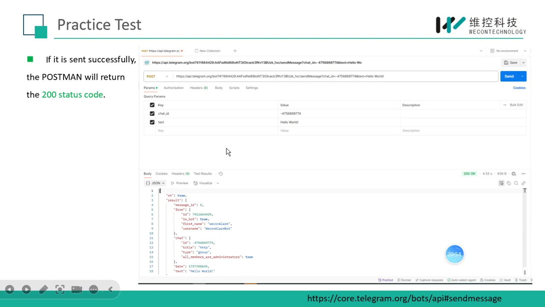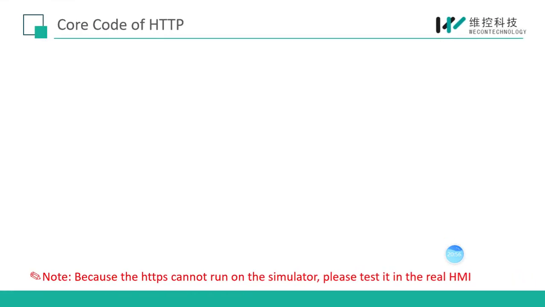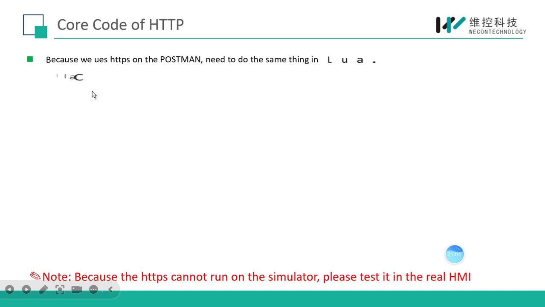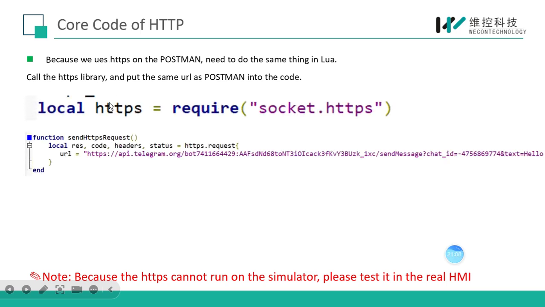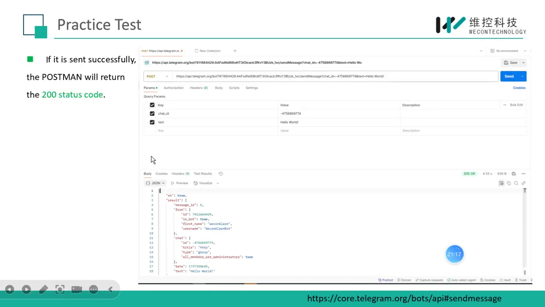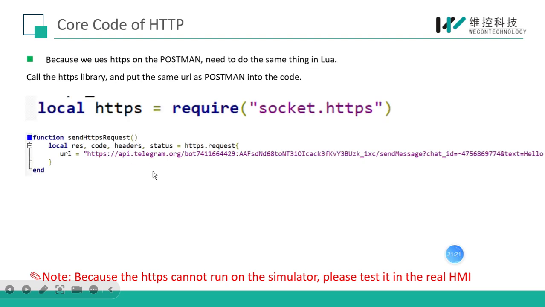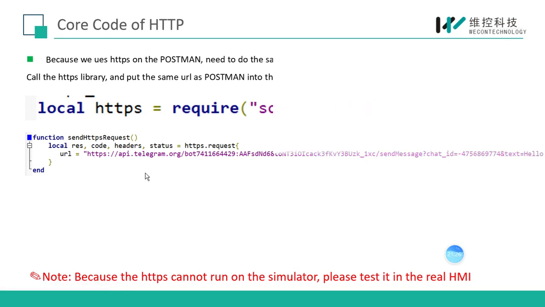So after we test successfully in Postman, we go into programming our Lua script. We need to use the HTTPS library, so we need to call it. And also the exact same URL goes into the script for the project.